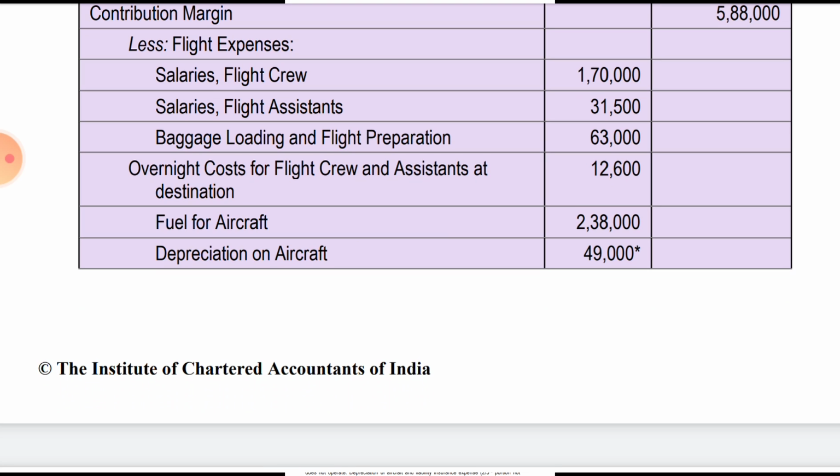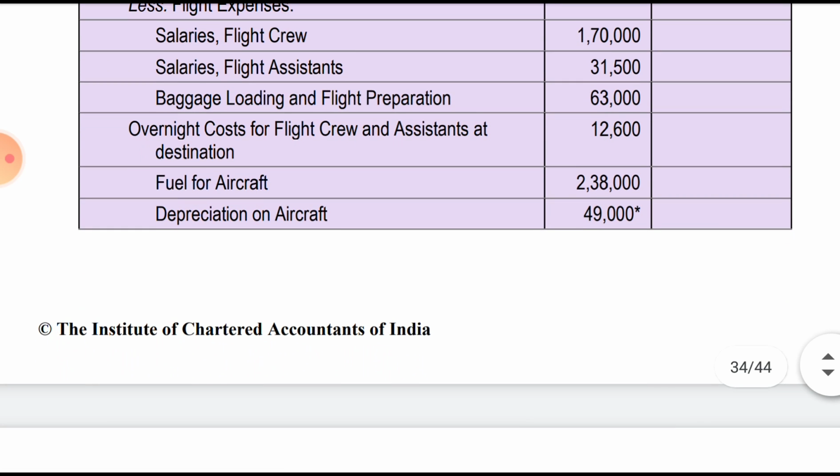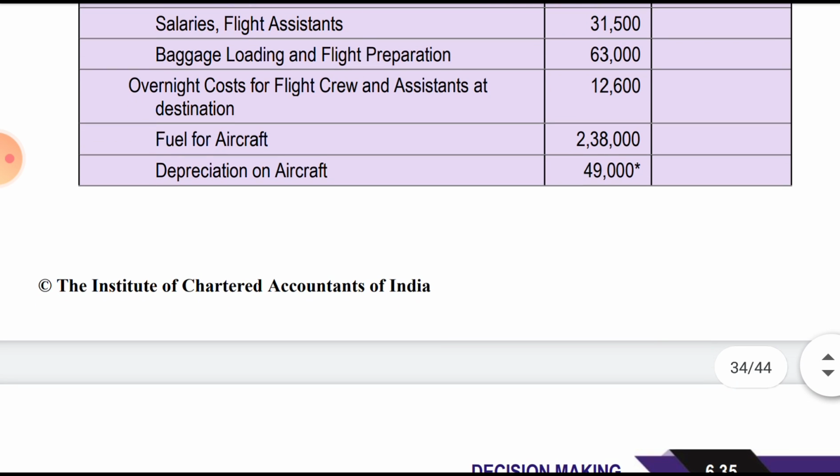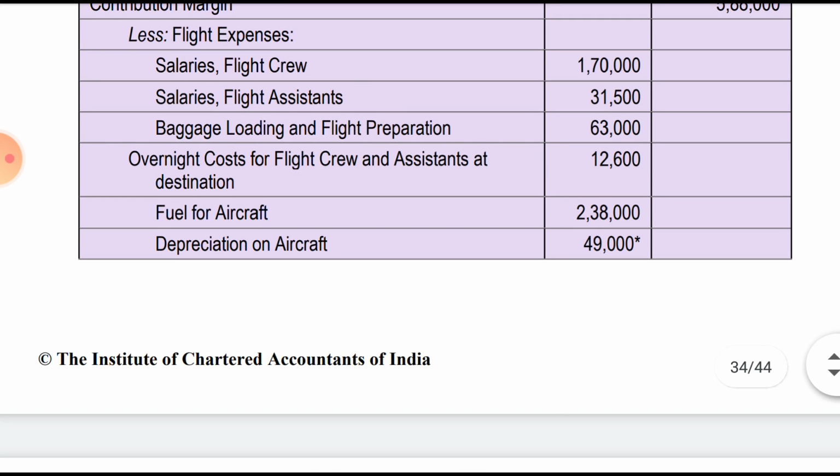In salary, 1,70,000 will not be considered for deduction, but 31,500 we will take for deduction. Baggage, this 63,000, will be ignored. The overnight cost of the flight crew and assistants at the destination, 12,600, will be considered for deduction. Then fuel for the aircraft, we will deduct.